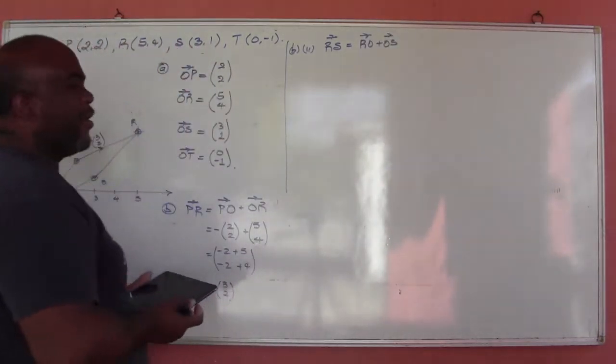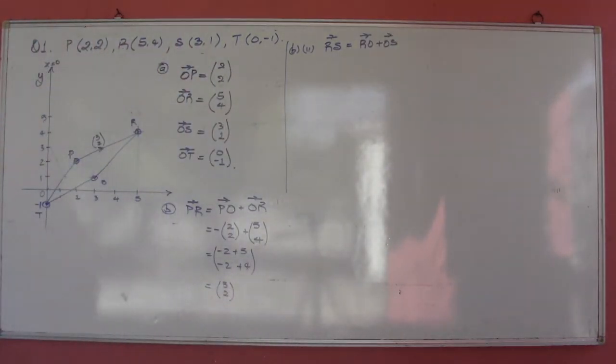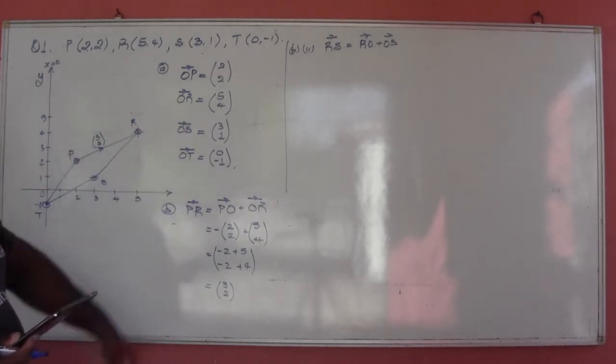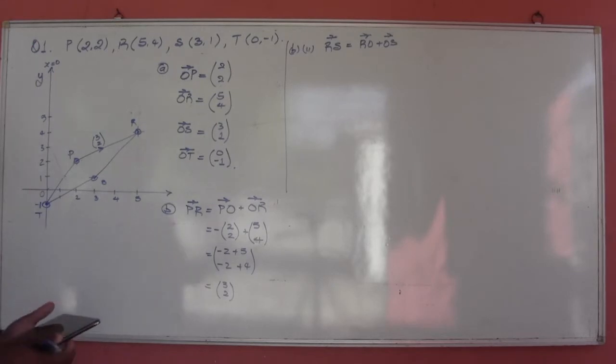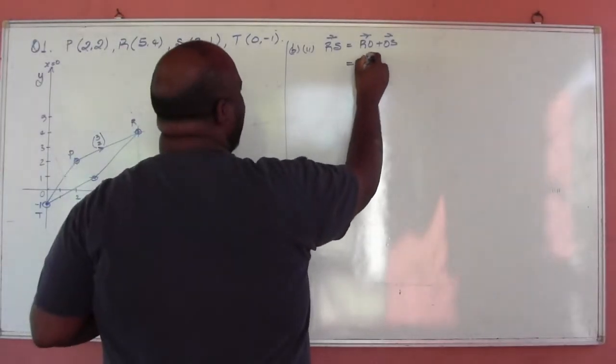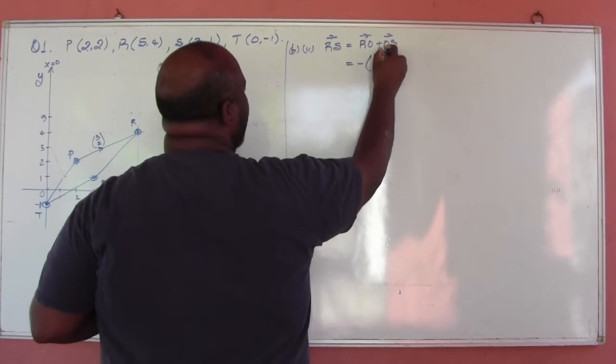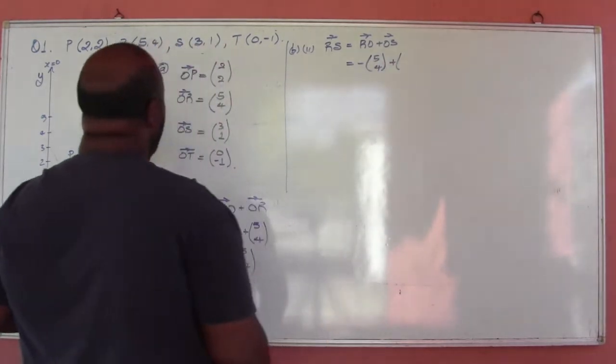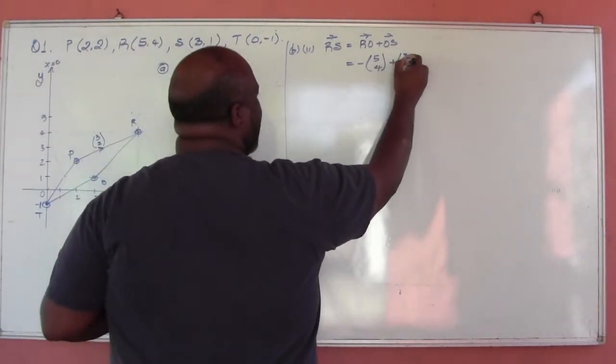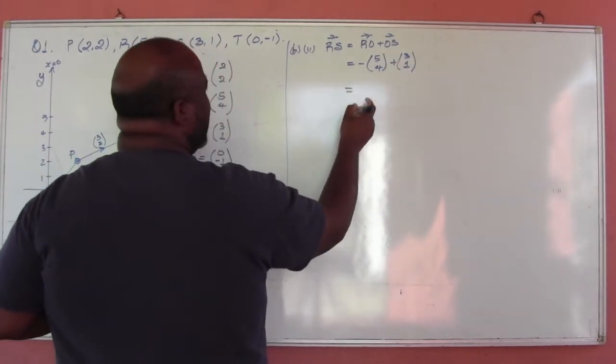In vectors, most times when you're asked to find a vector, you're going to use the triangle law. To determine the vector RS, I must start at R, end at O, and the next letter goes in the middle. Since OR is 5, 4, RO would be minus 5, minus 4, plus OS, which is 3, 1.